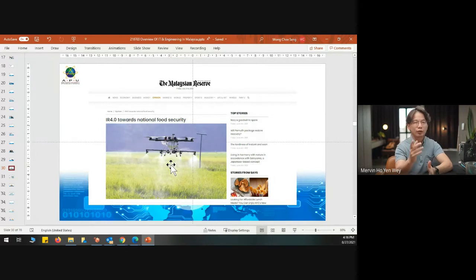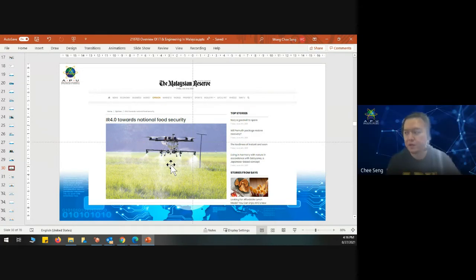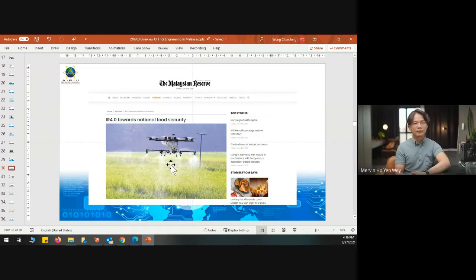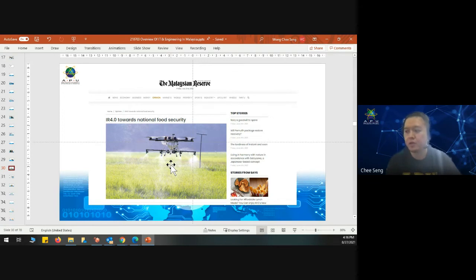And Chiseng, does APU actually have a course for that? If students are interested in drones, will they be able to touch any kind of drone in any of your courses? We don't have one specifically for drones, but we experiment a lot with drones.